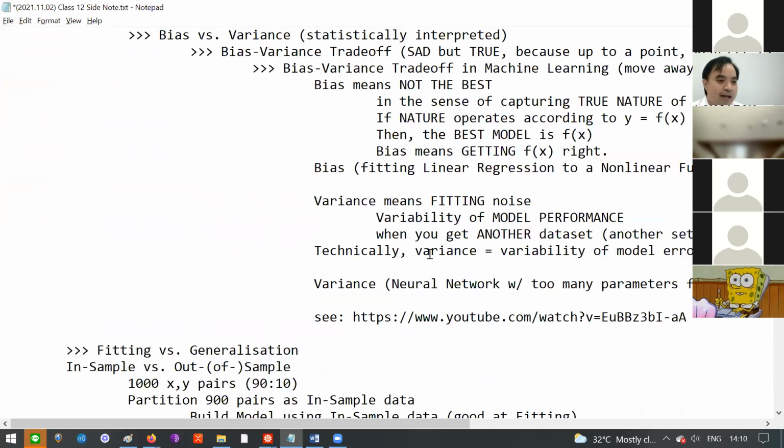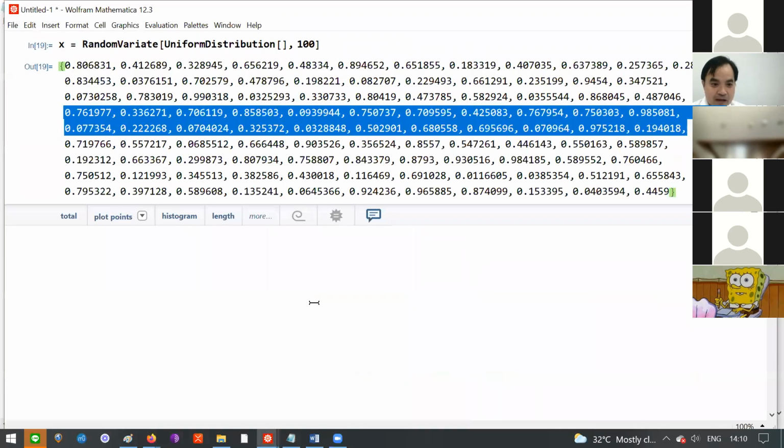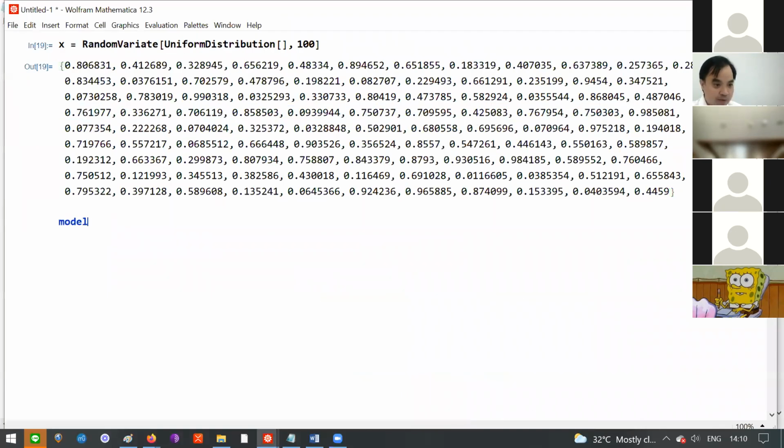So this is why when I build a model, I will have something like a model, training data, and then a testing data. My model is equal to predictor, and then training data.